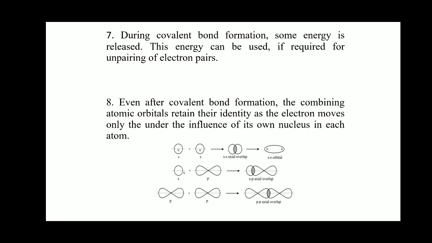Similarly, when p-p overlapping takes place, the bond formed will show the characteristic of the p orbital. So even after the covalent bond formation, the combining atomic orbitals retain their identity as the electron moves under the influence of its own nucleus.